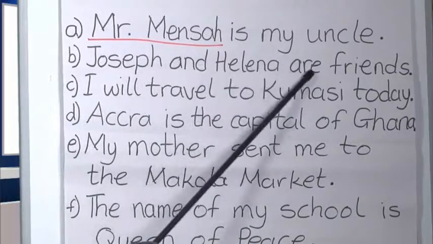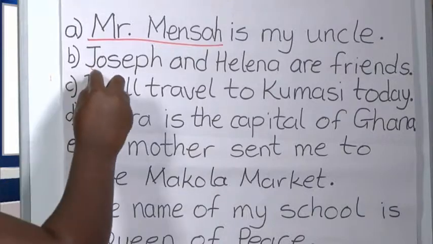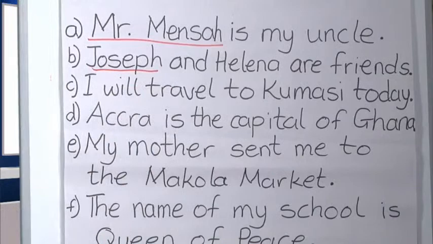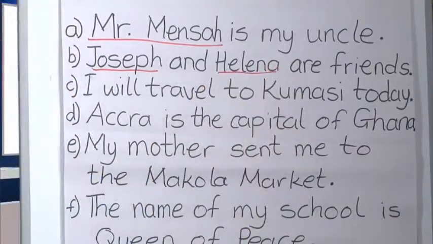Joseph and Helena are friends. What are the proper nouns here? We have Joseph and we have Helena being the proper nouns.